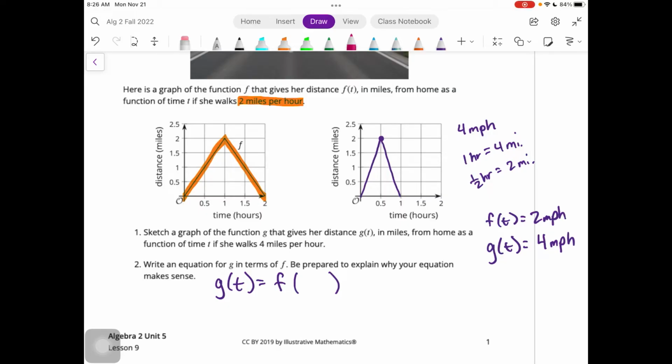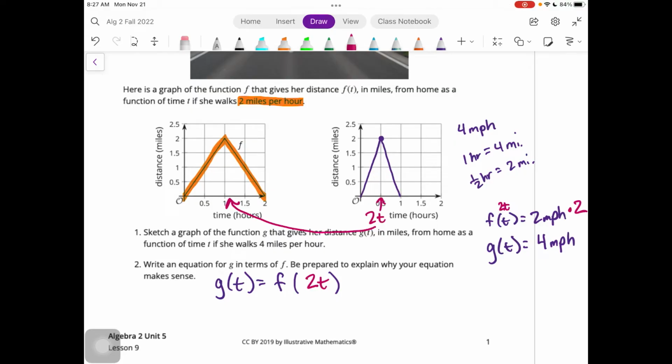We have multiplied by 2, right? And so we're putting in 2t there, because remember, she's reaching her maximum at a half an hour. So if I double this value, 2 times that value, I'm going to get that value. So I have to double my t when I put it into the f function.